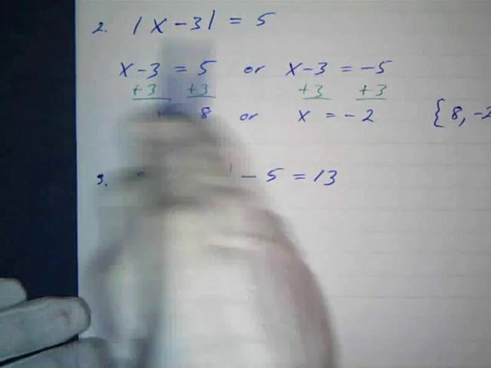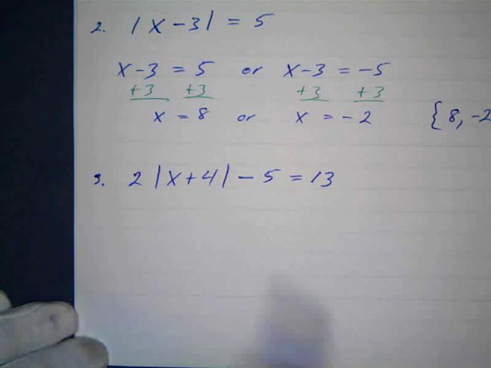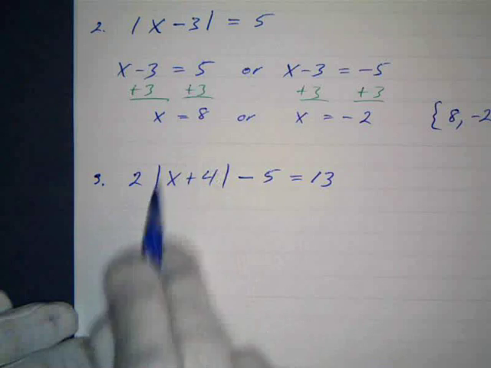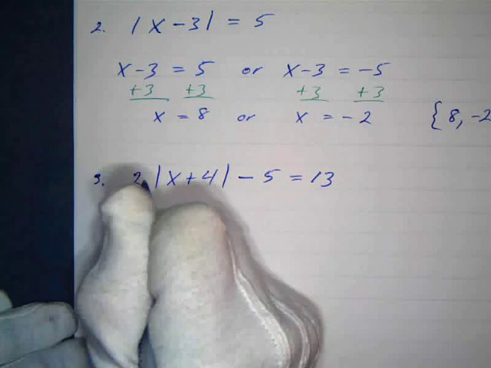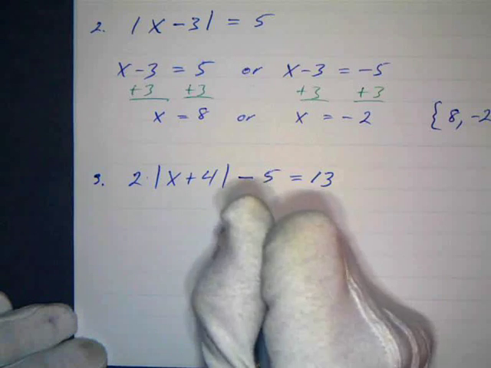We want to get to this point here, and then we'll have two different equations. So we treat this like a regular equation. If I want to solve for this, it's like my variable now. This is what I want to isolate. Then I have to remove the negative 5 and the 2 times. So what I would do is I would just add 5 to both sides.